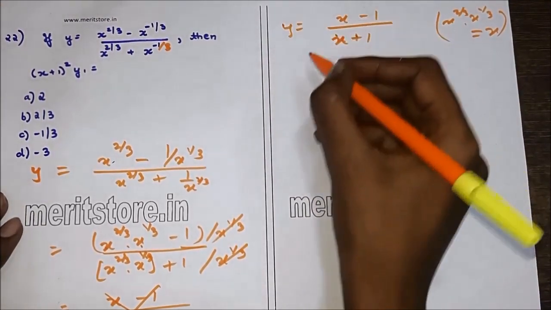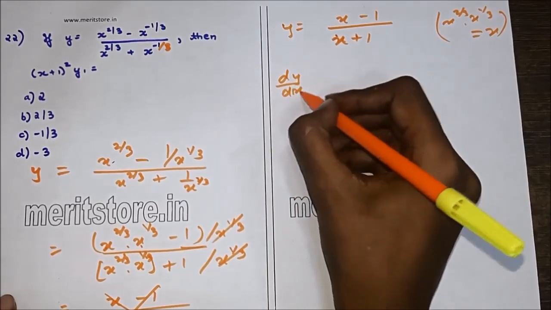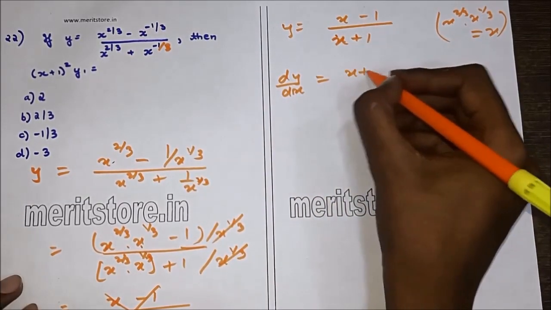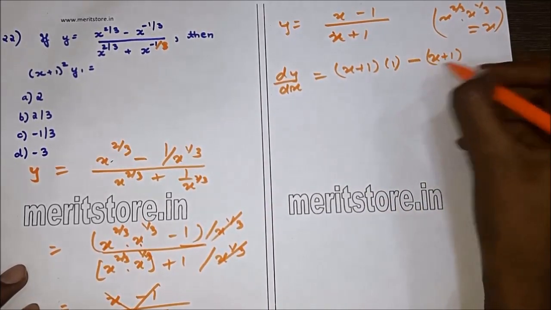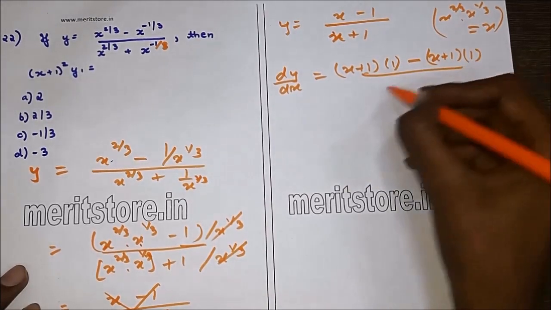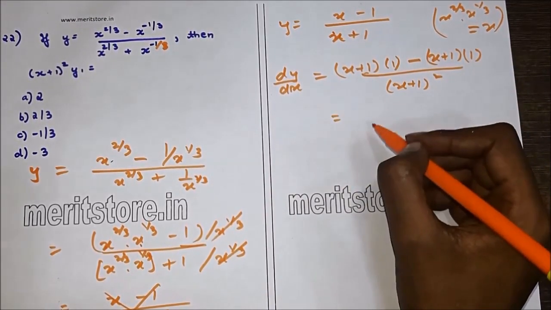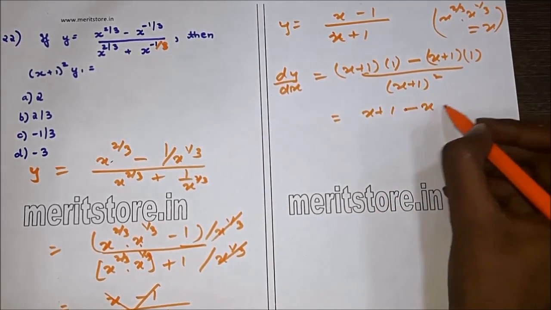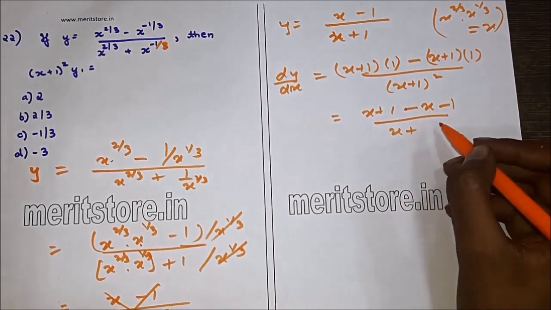So this is y. So now we use u by v rule. So this is dy by dx, which is equal to differentiation of u by v is v into derivative of u, that is 1, minus u into derivative of v, that is 1, divided by v square, that is x plus 1 the whole square. So this is x plus 1 minus x minus 1 upon x plus 1 the whole square.